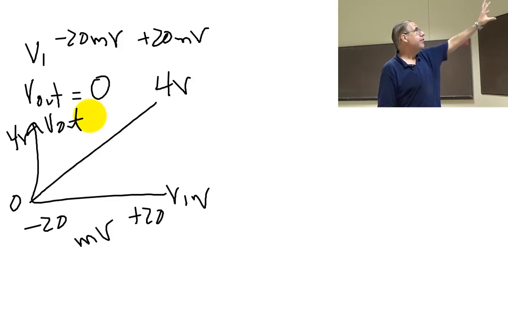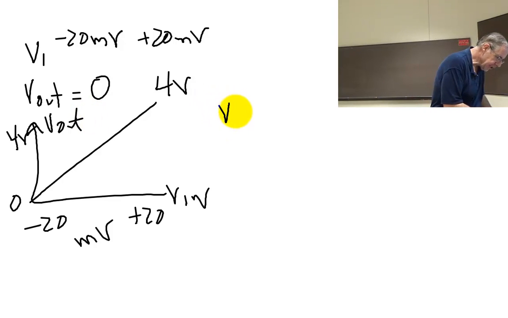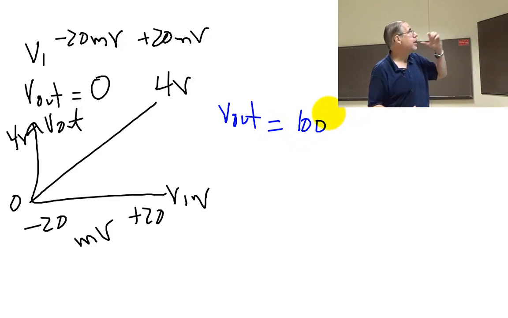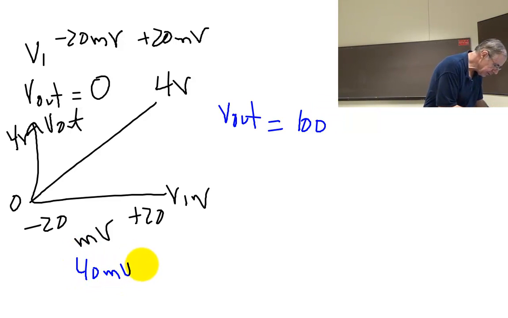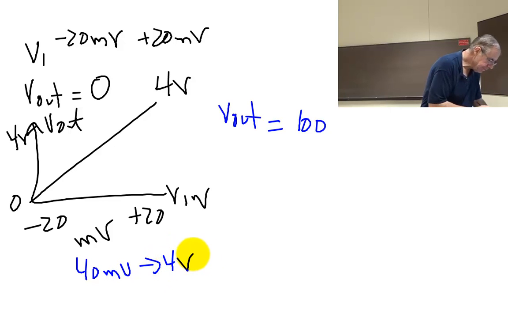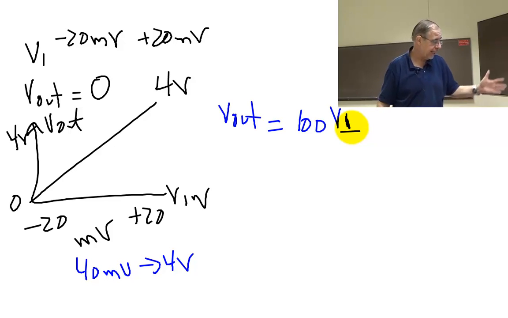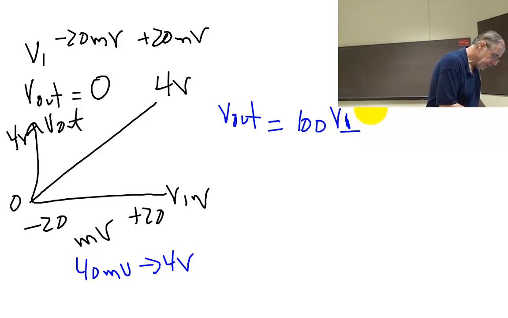So I may just give it to you this way, in which case the first step would be to write this as an equation. Vout equals 100 Vin. I can look at the total gain, right? The difference here is 40 millivolts to 4 volts. And then I need an offset, because I can't take minus 2 volts, so I'm going to have to add 2 volts.